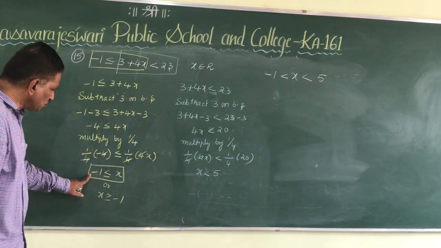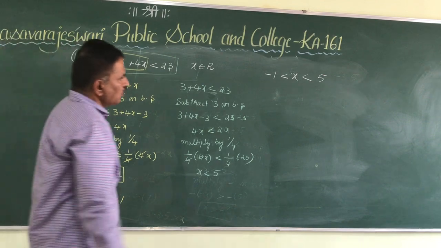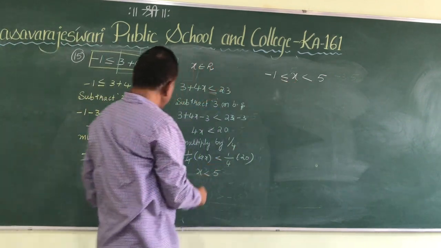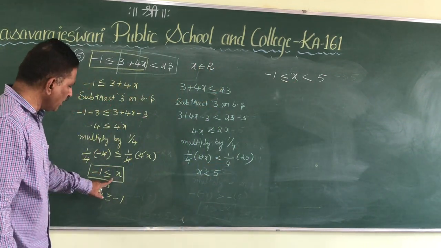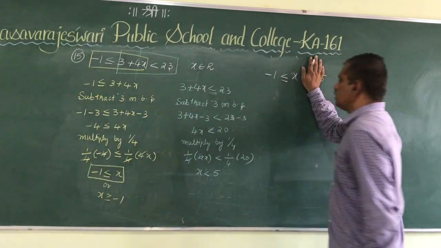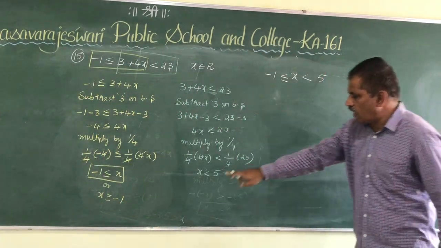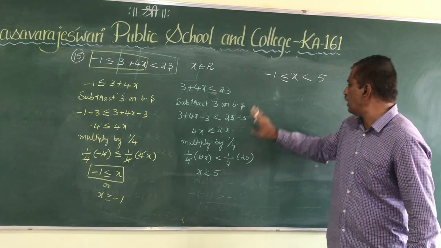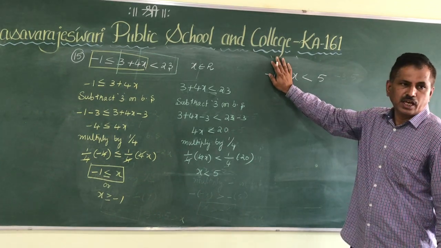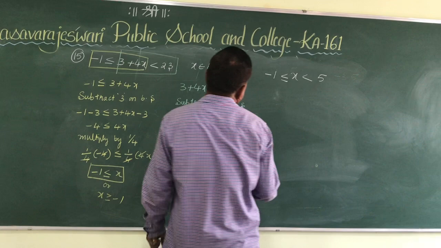Remember, for the minus 1, even the equal sign is there, you put the equal sign. Very clearly see, minus 1 is less than or equal to x, and x is less than 5. So, solution sets.